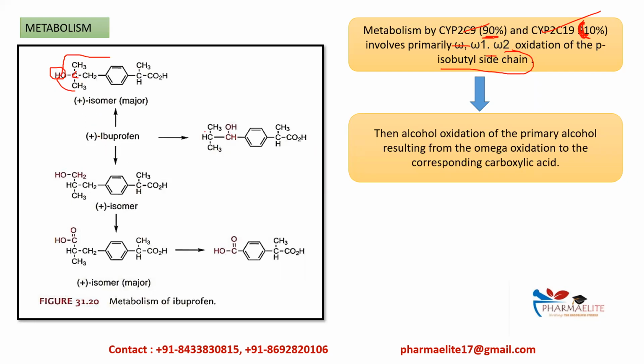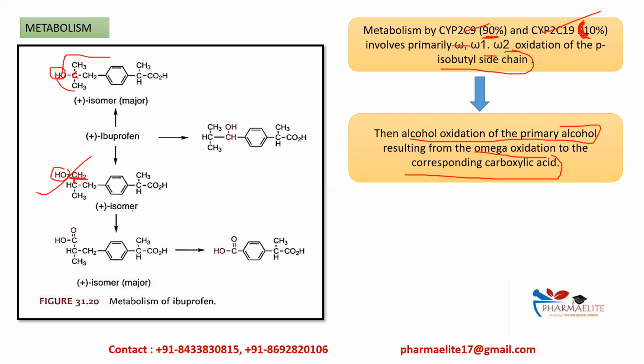Over here, the alcohol group is attached to the secondary carbon, because this carbon is attached to 2 carbons, and this OH is attached to the primary carbon, because this carbon is attached to only 1 carbon. In this way the oxidation takes place. Then comes the alcohol oxidation of the primary alcohol, this one, resulting from the omega oxidation, to the corresponding carboxylic acid.